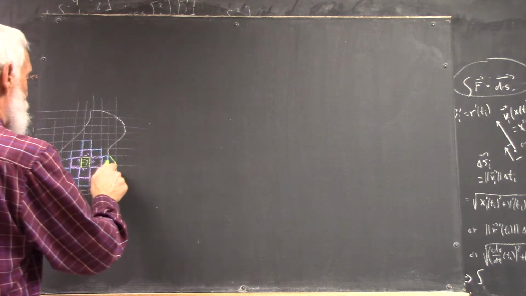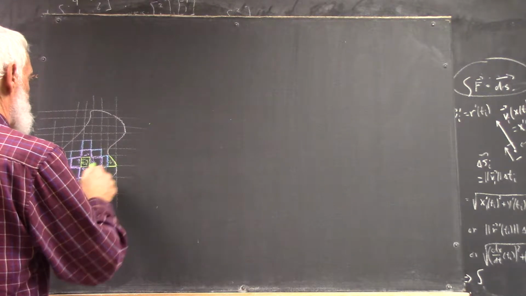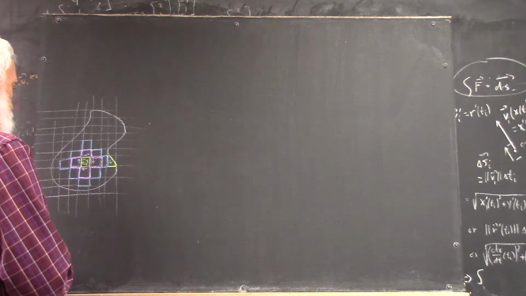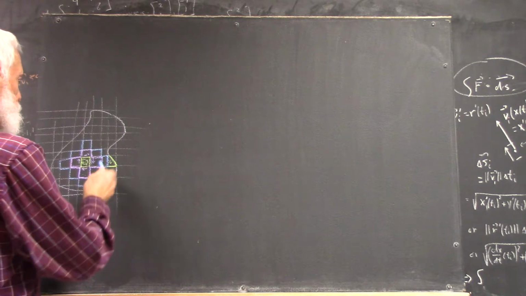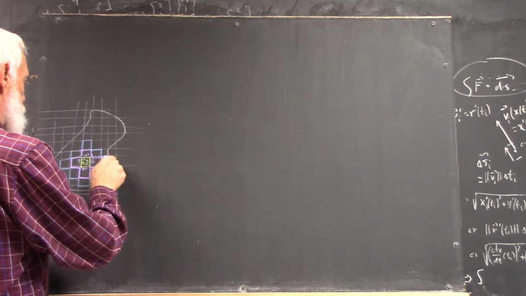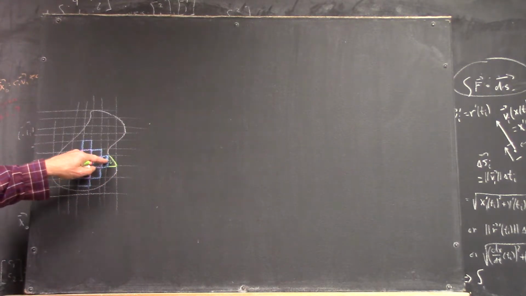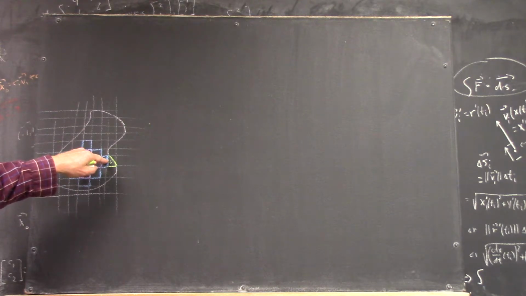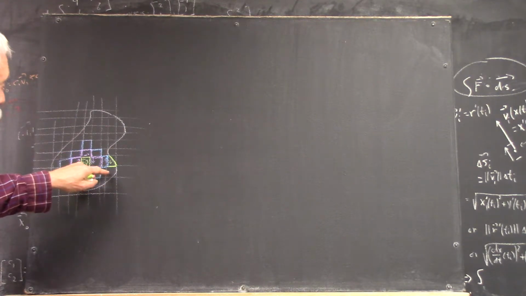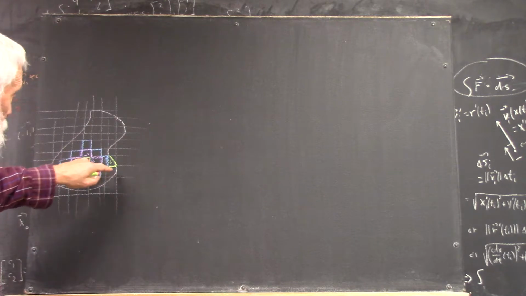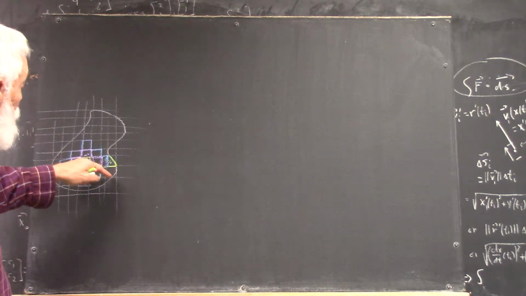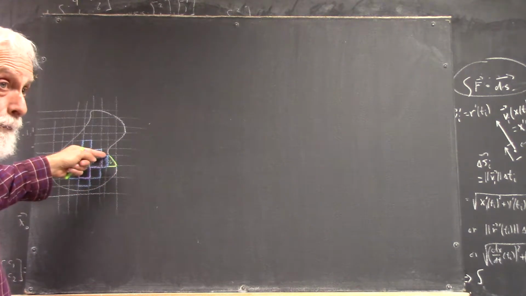Now, this boundary here is going to take out what happens on this boundary, right? And the boundary below will get taken out by one of the boundaries of this one, and we're just going to be left with this part of the curve.